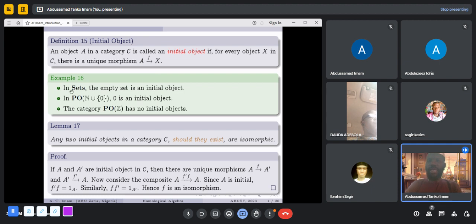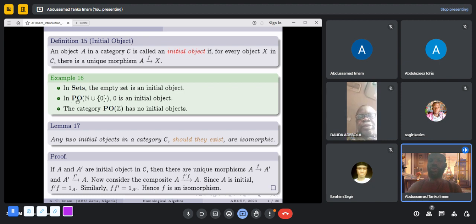So in sets, the empty set is an initial object because there is always a unique morphism, namely the empty map. From the empty set into every set, you have one and only one mapping, and it is the empty map, the mapping sending nothing to nothing because the domain is empty.